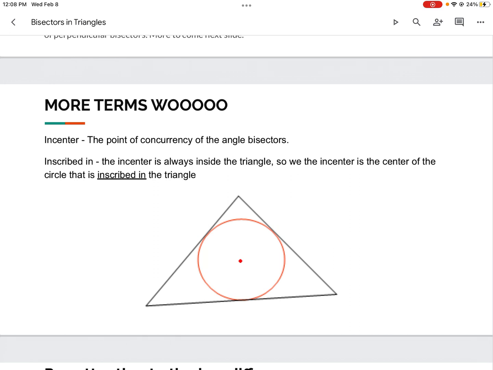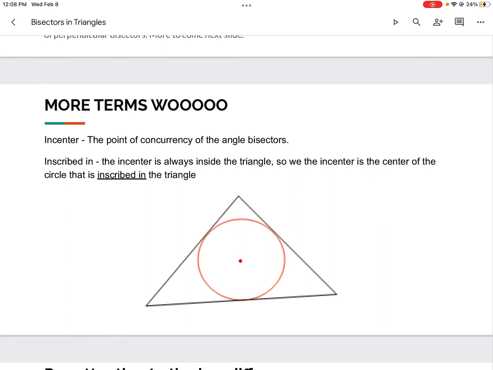Instead of saying circumscribed about, we have inscribed in. So the incenter is always going to be inside of the triangle. We say the incenter is the center of the circle that is inscribed in the triangle.